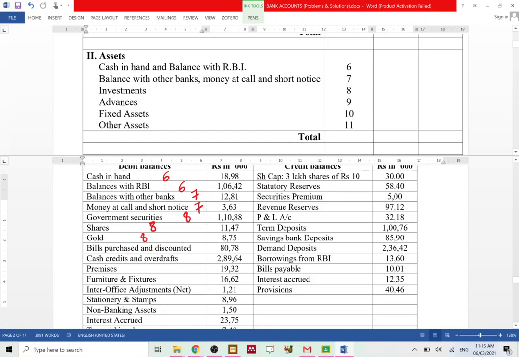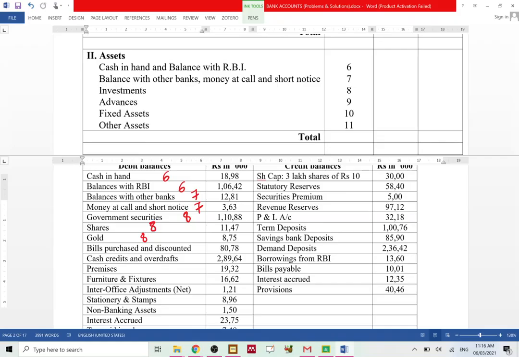Then bills purchased and discounted, where will they come? Now this is slightly different, a little interesting. Whenever we had interest on the bills and discount on the bills or interest on advances, we always put it as an income.